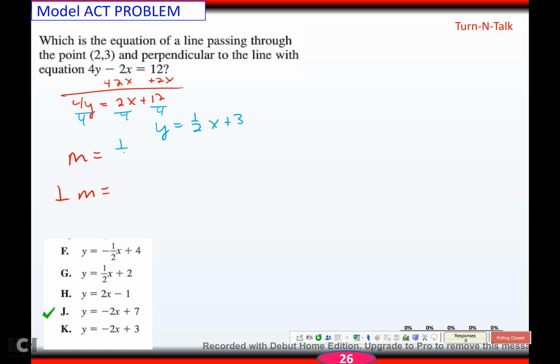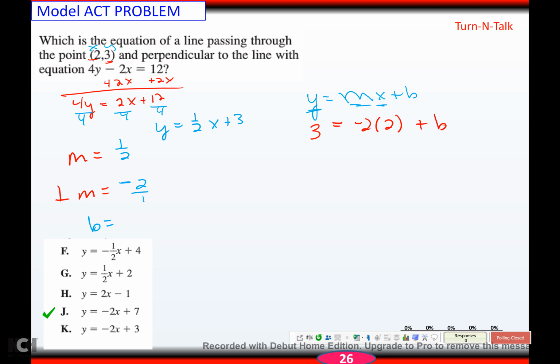So his slope is 1/2, which means my perpendicular slope is going to be, change the sign and flip it over, negative 2. Okay, so now all I need is a b. Well, they didn't give me b, but they gave me an x and a y. And I have an x and a y in my slope-intercept form. So if I replace these three with values that I know, I can solve for b. So I'm going to say my y, which is 3, equals my m, which is negative 2, times the x they gave me, which is 2, plus b.